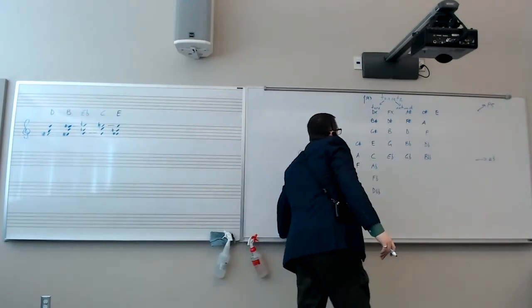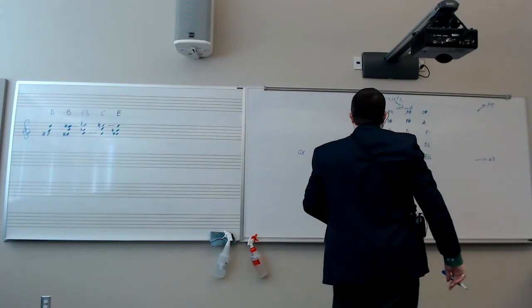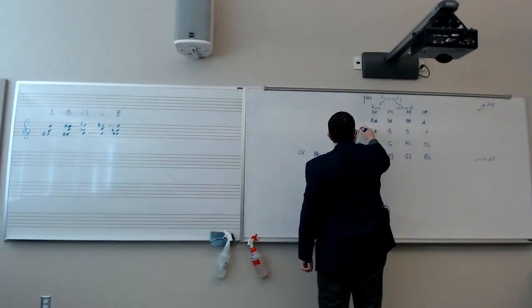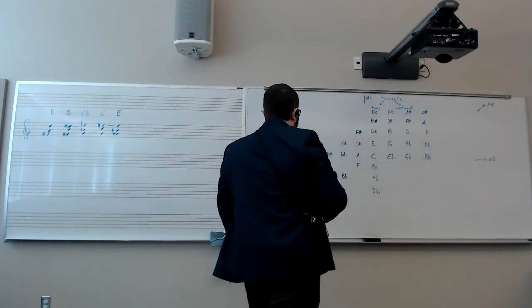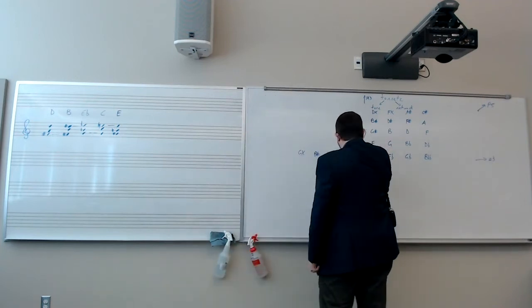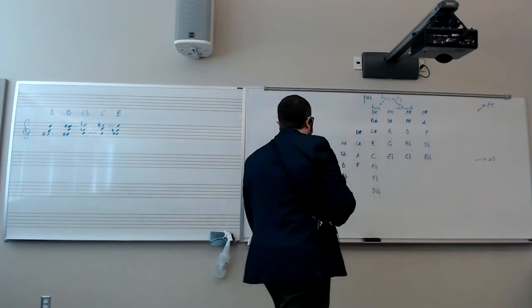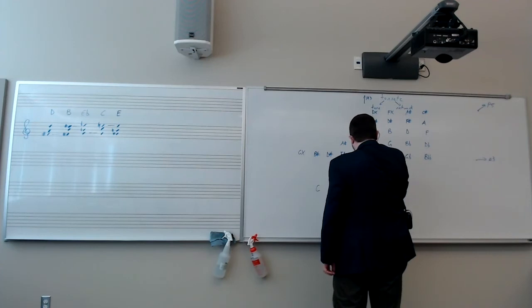I'll get rid of this hanger on here. Fill in some more. D sharp, A sharp, E sharp would be next. So many double sharps on this side. E, A, D, G, C. A flat, D flat, G flat, F flat would take us to B double flat.